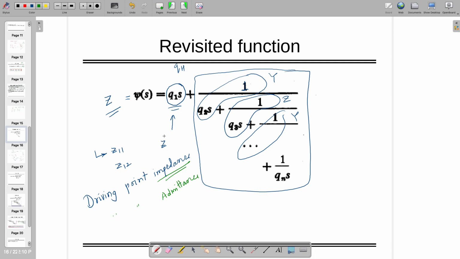But sometimes where you have impedance and admittance together, you are going to call them, do you know the name? Maybe a new name for you. It's known as immittance. It's a combination of admittance and impedance. So the function which is a combination of both, we are going to call that immittance, right? So these are the three different definitions, but all the way we are finding out some driving point function which might be impedance, admittance or immittance, right?